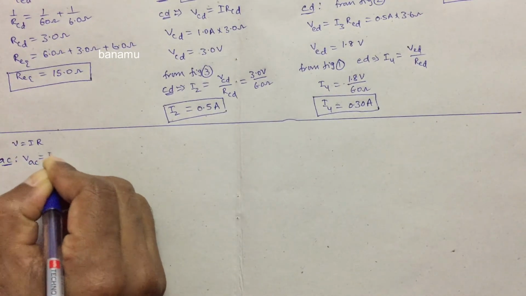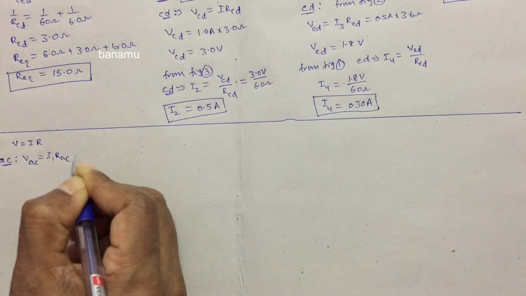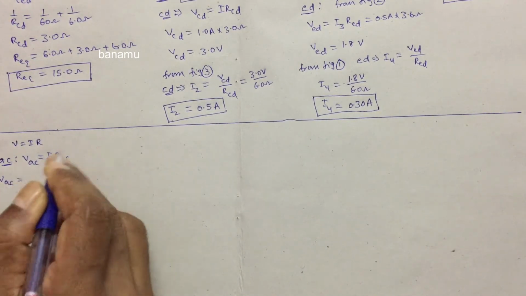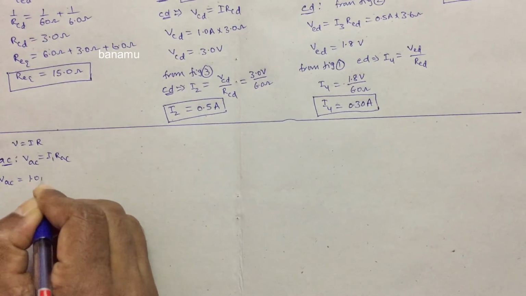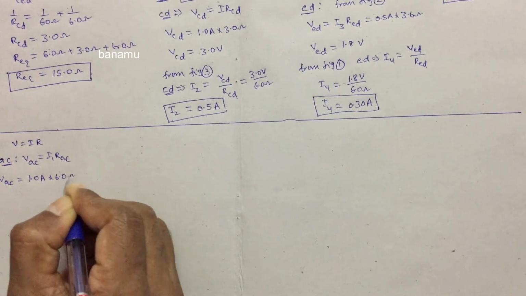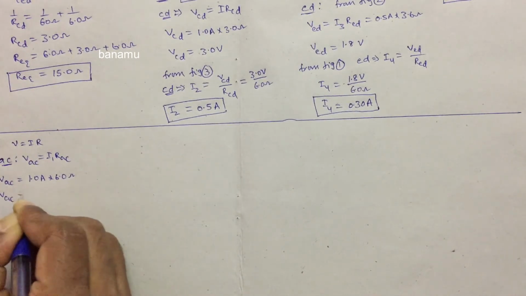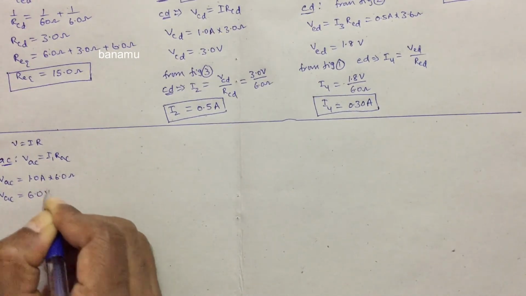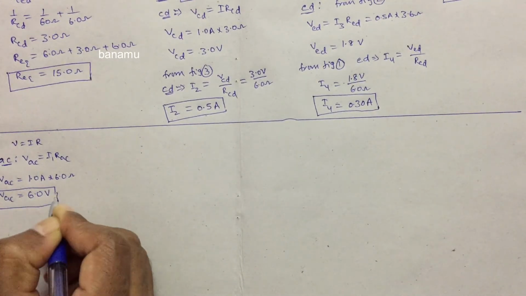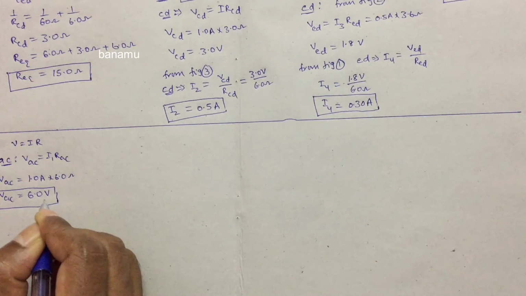VAC is equal to I1 into RAC. So VAC is equal to the value of I1, which is 1 ampere, into RAC, which is 6 ohms. So VAC is equal to 6 volts. This is the potential difference between the points AC, VAC, 6 volts.